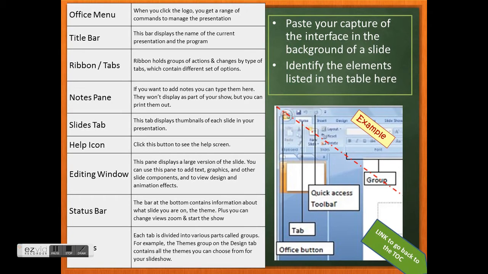You have an example on the right: an image of PowerPoint, and then a person used a text box to identify different elements of the program. You're going to do exactly the same, but with your own choice of color, etc.